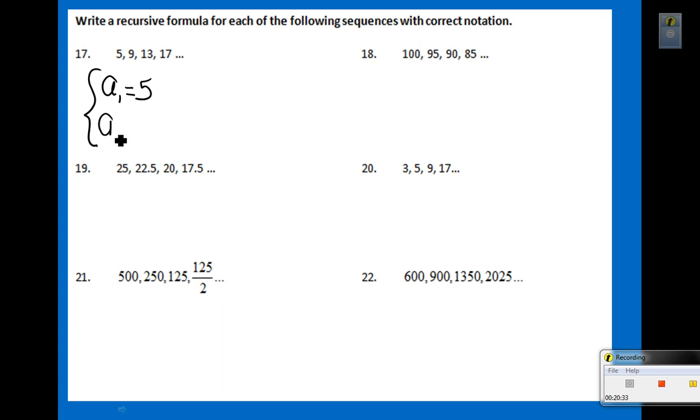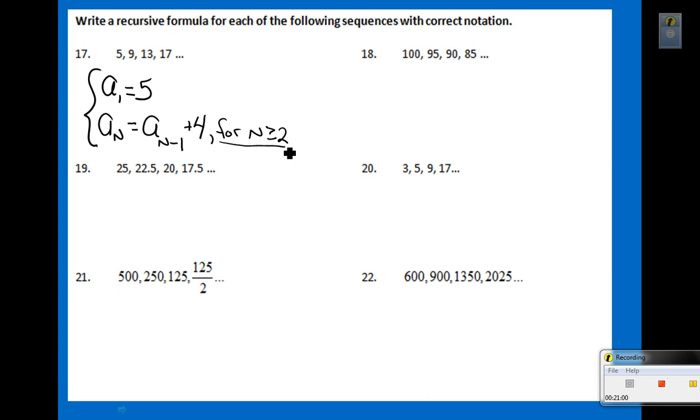I'm going to say A sub n, my next term, is my previous term, A sub n minus 1, plus 4 more. And then I got to tell people for n greater than or equal to 2. All that means, guys, is this formula only works for your second term up, your second, your third, your fourth. It will be there every time.